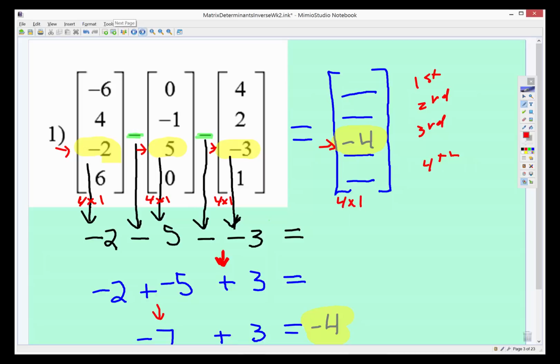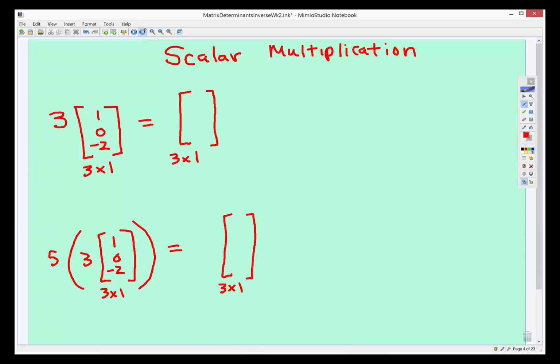Okay, now we're going to go on to scalar multiplication. Scalar multiplication is when a matrix is just scaled. Anytime you multiply or divide something, you're changing the scale or the size of it. So look, when a number is on the outside of the matrix, it's just going to act as a distributive property.